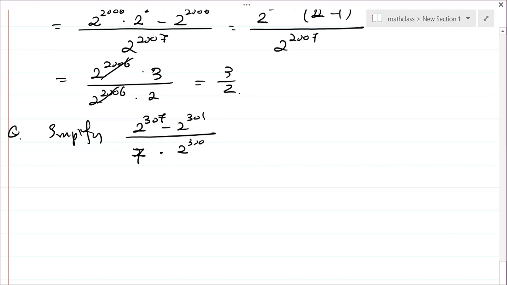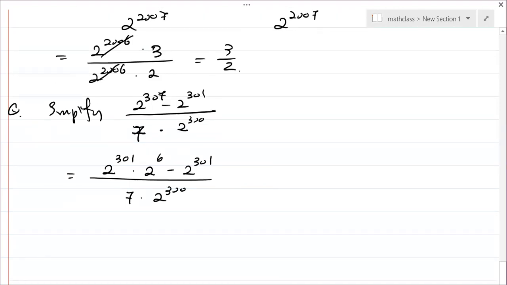All right, let's take a look. 2 to the 307 can be written in the form like this, right? So what we get here is, it's 7 times 2 to the 300.